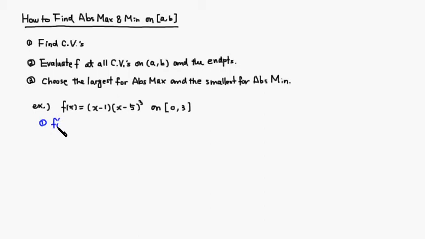So f prime of x is equal to, I'm using the product rule, derivative of x minus 1 is 1 multiplied by the second, so it's quantity x minus 5 cubed, plus first guy, which is x minus 1, times the derivative of the second, so 3 in front, keep the same quantity x minus 5, subtract 1 from the power, so it's 2, then multiply by derivative inside, which is 1, so I'm not going to write anything down here.